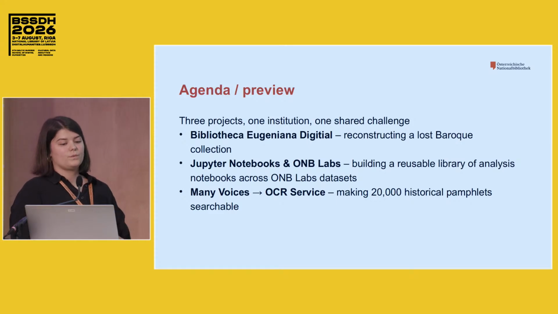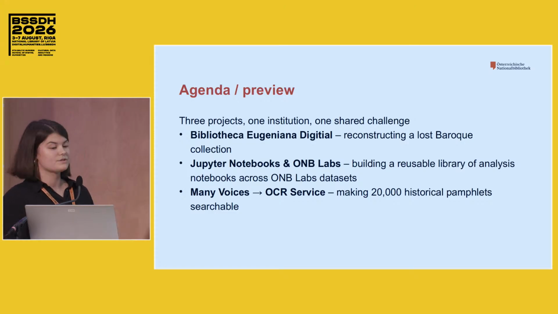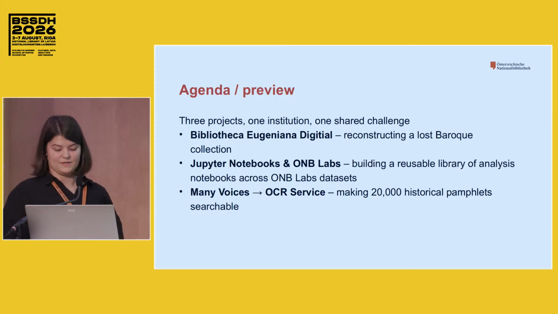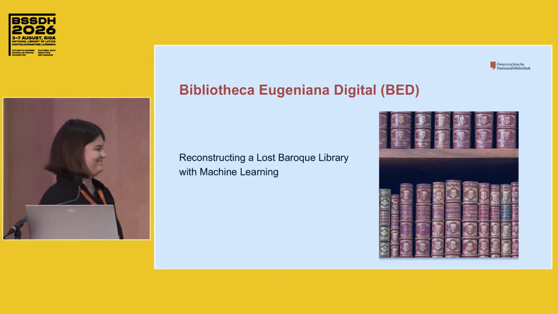And then we will continue with the OCR service, which is called Many Voices. And in the end, we will have a takeaway and sum up discussion. And I think then I would hand over to Simon, and he can start.